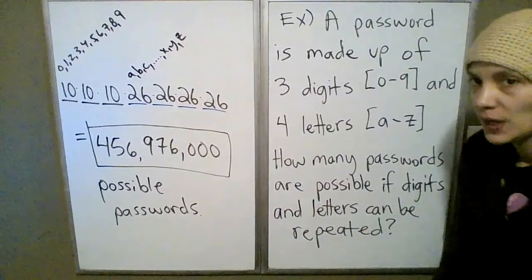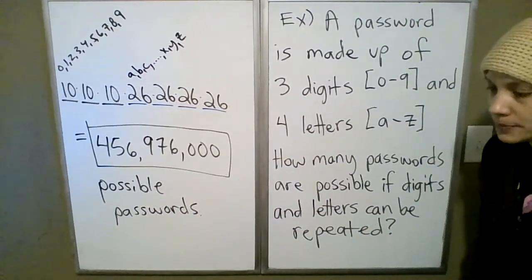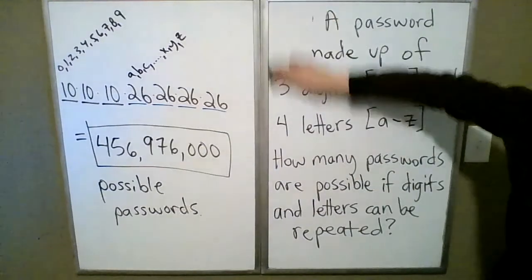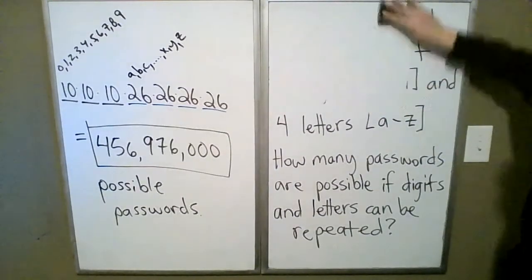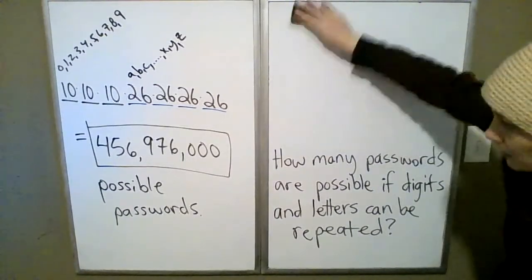Okay, for the two other counting techniques, we need to talk about factorials. So factorial is a way of multiplying numbers, but let me just wait till we get a definition.